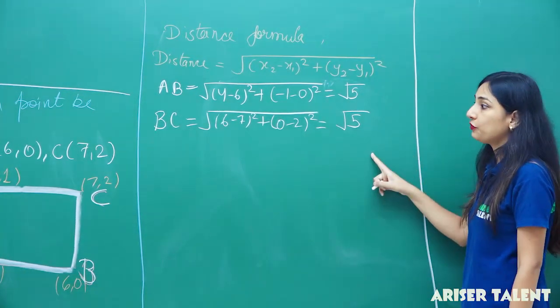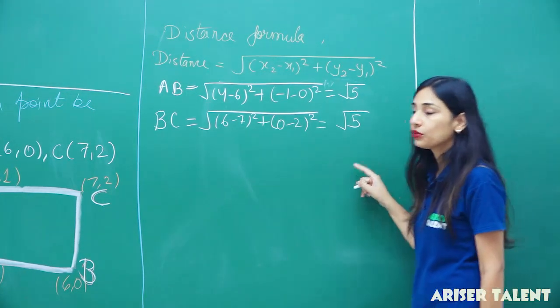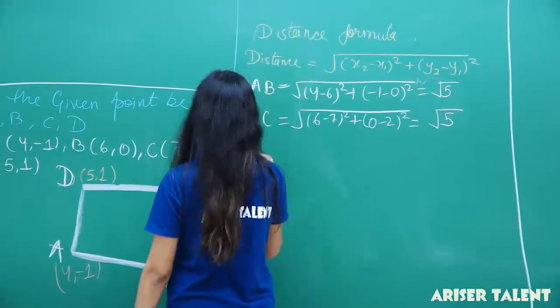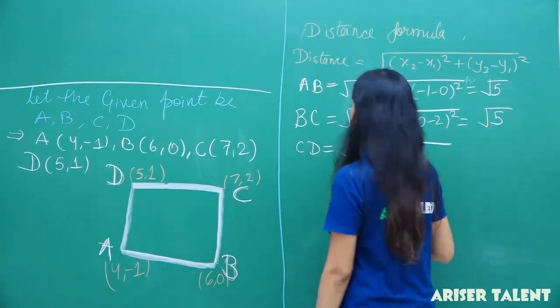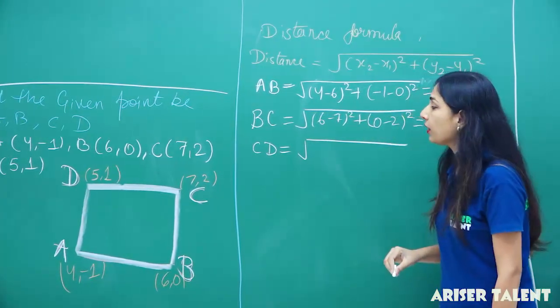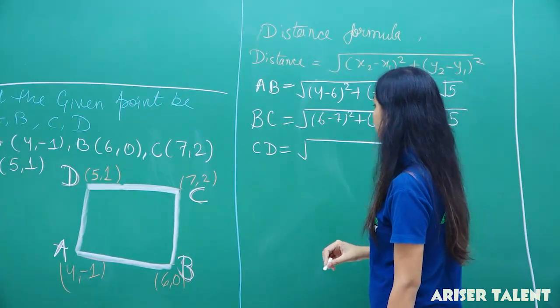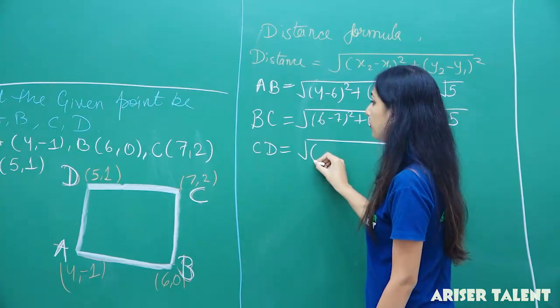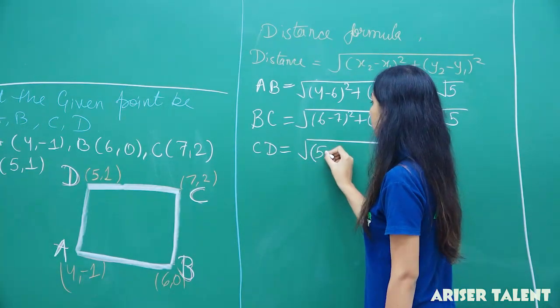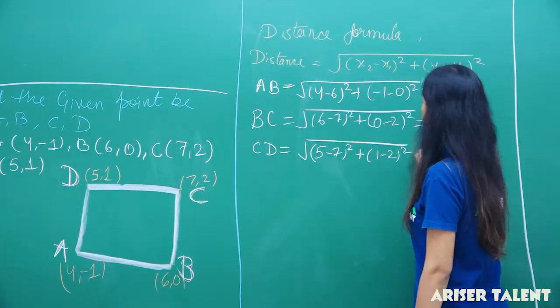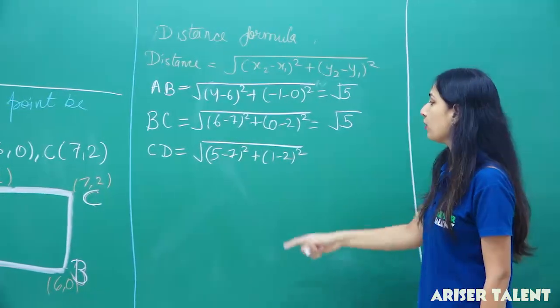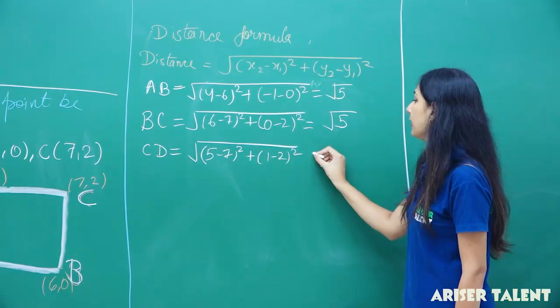Now I have to find out what CD is. CD will be (5 minus 7) squared plus (1 minus 2) squared. Again minus 2 squared is 4, 1 here, so that will be root 5.